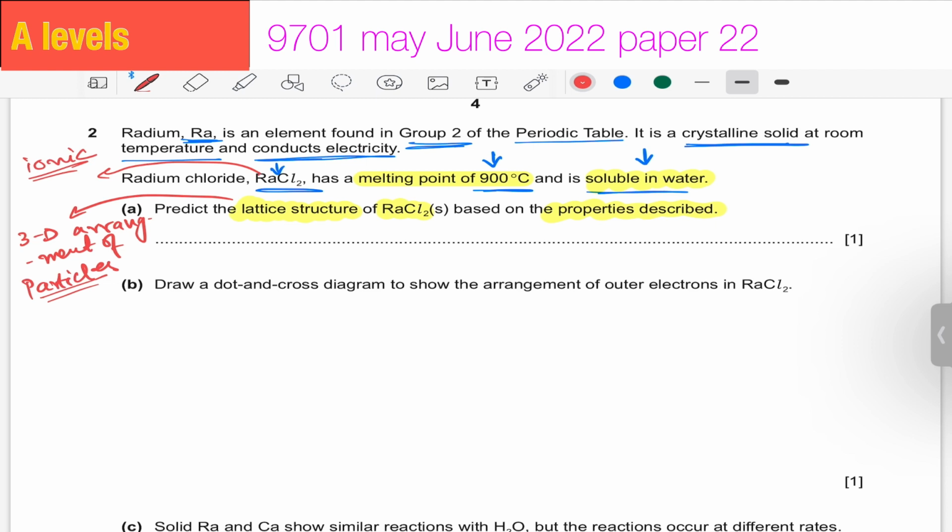So what would be its lattice structure? It would be a giant ionic lattice. We have 4 different types of lattice structure: ionic lattice, metallic lattice, simple molecular, and giant molecular lattice. So this one is a giant ionic lattice.